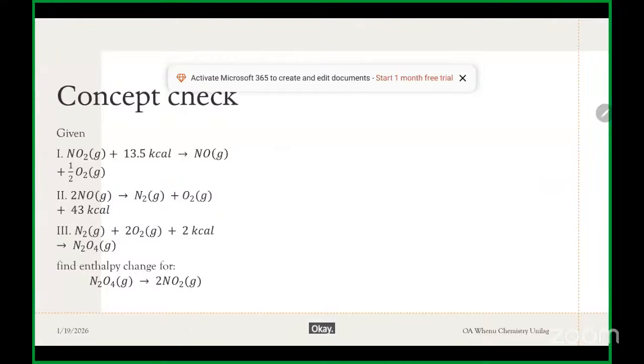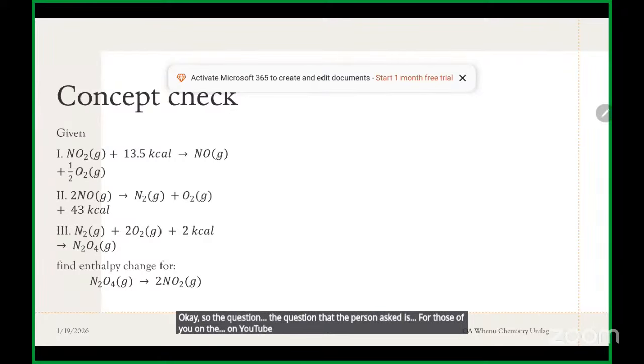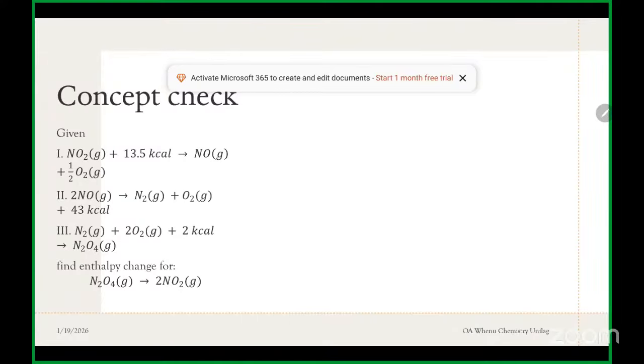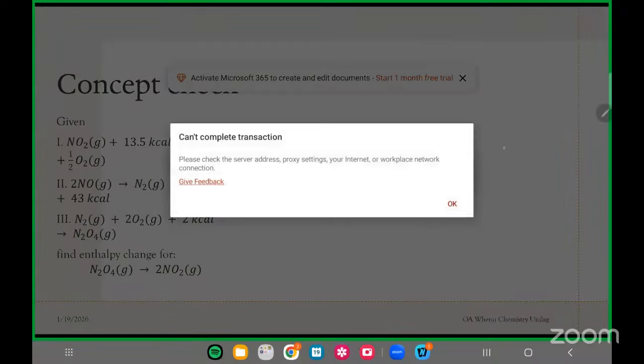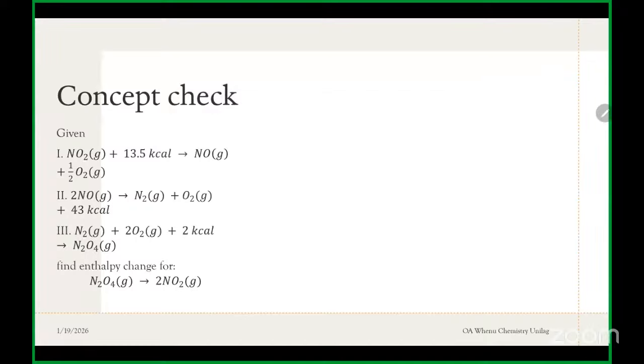So the question the person asked, for those of you on YouTube, is how do you obtain the delta H of hydrocarbons? You obtain it by combusting it in the bomb calorimeter.